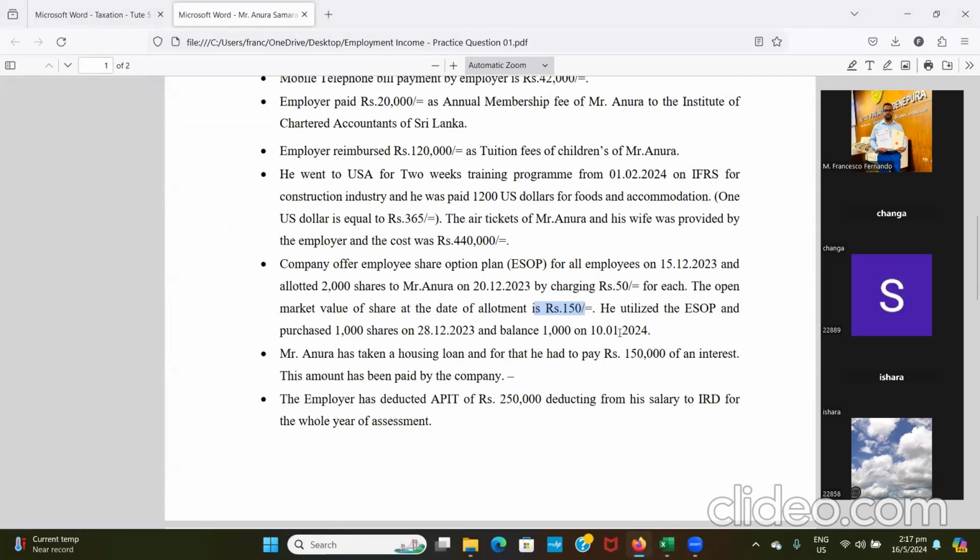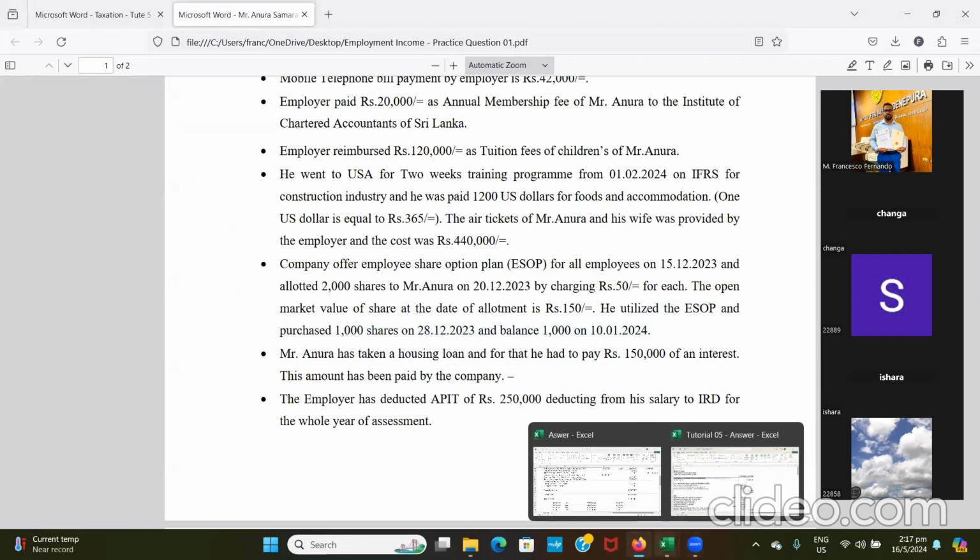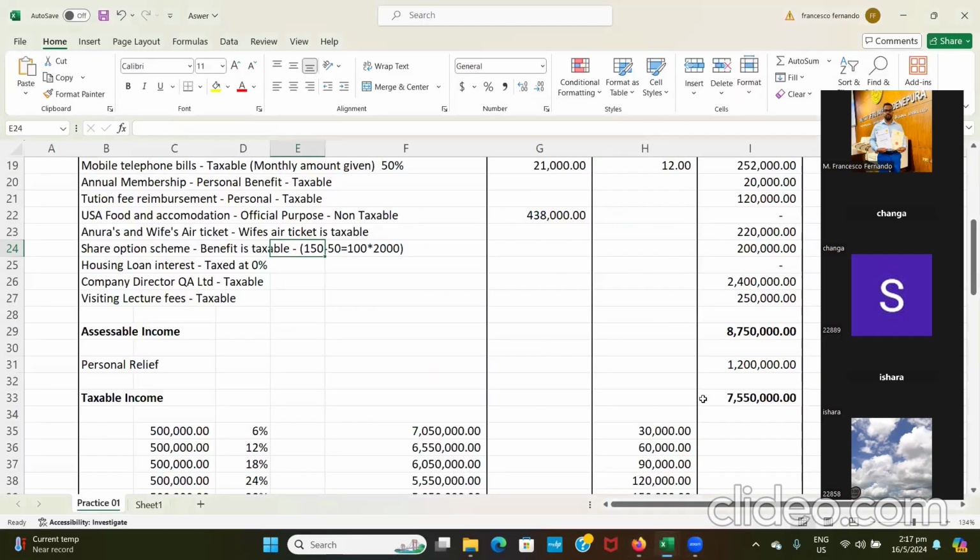Now I am not going to repeat that year of assessment thing. This is falling under the year of assessment, so we don't have an issue with regard to it, right? Therefore, the total number of shares purchased is 2000, and the benefit is 100 per share. Therefore, we should tax this benefit of 200,000, right?